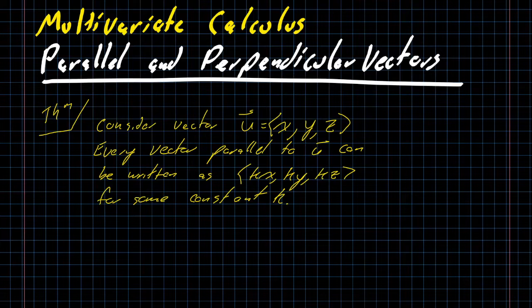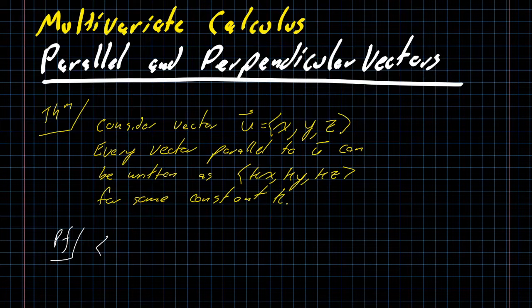I claim that every vector which is parallel to u can be written in the form kx, ky, kz for some constant k. Right. So in order to prove this, I need two different things. First of all, show that these two vectors are in fact parallel to each other.